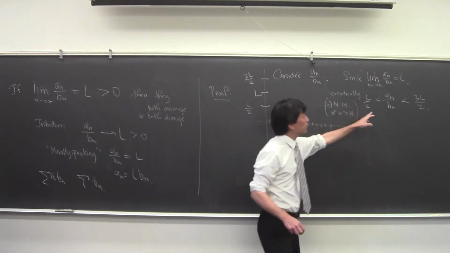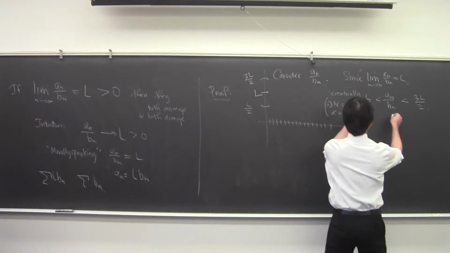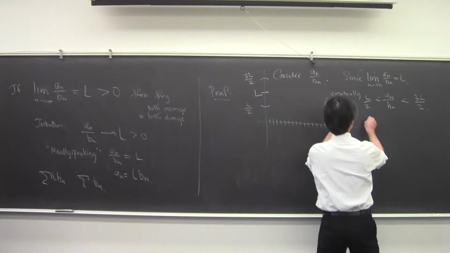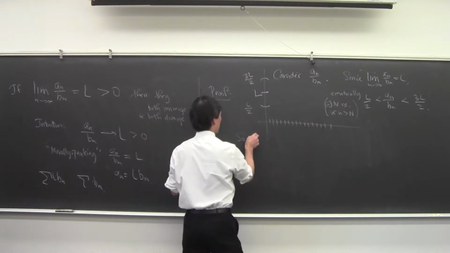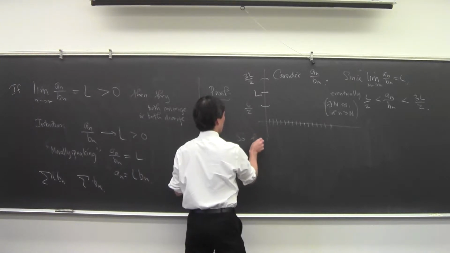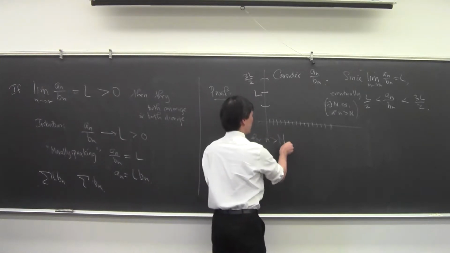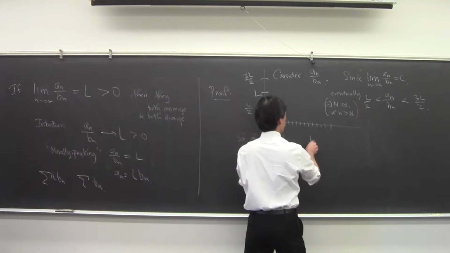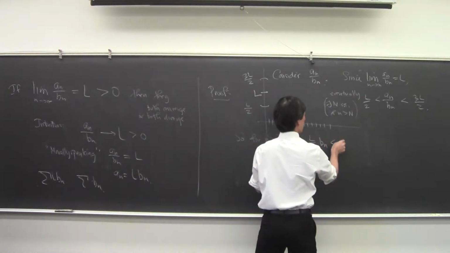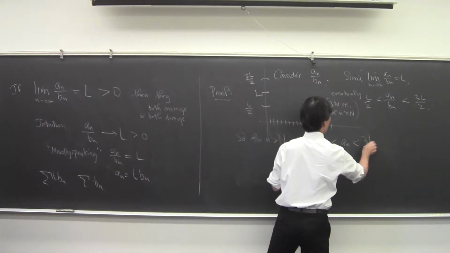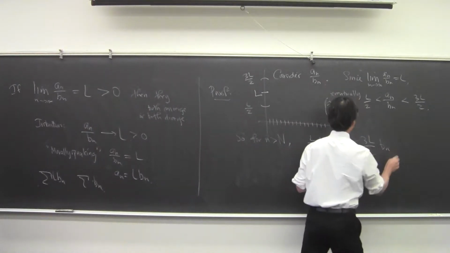Okay, so in that case, what do you see? Let's multiply everything through by B sub n. Past that point, we have L over 2 times B sub n is less than A sub n is less than 3L over 2 times B sub n.